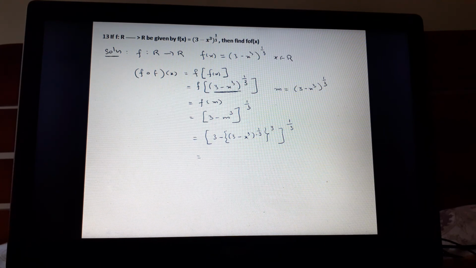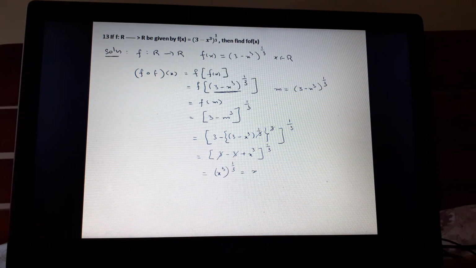See here, this 3 and this 3 cancels. So you get 3 minus 3 plus x cube. So this bracket when you remove 3, it becomes minus 3, minus or minus plus, but 1 by 3 outside. So once again this 3 cancels. So it is x cube to the power 1 by 3.